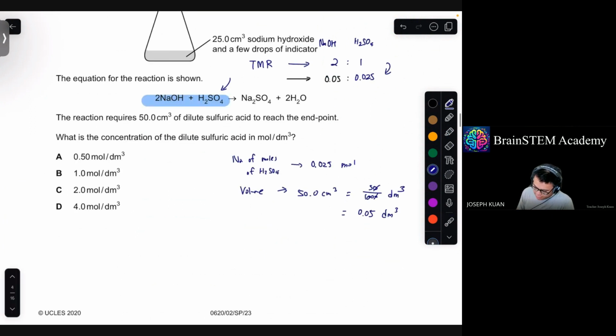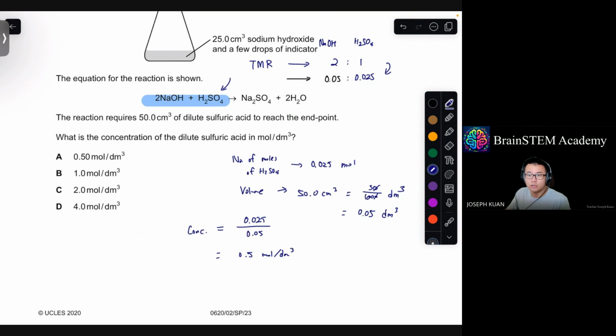Let's take these two values and figure out the concentration, which is 0.025 divided by 0.05. You should be able to get 0.5 mole per dm cubed.